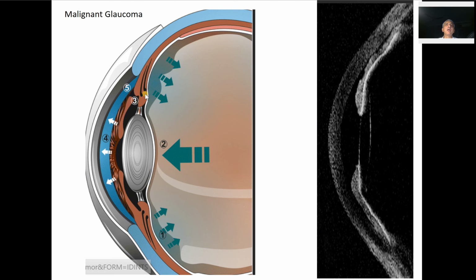So here you can see what actually happens in these patients. Normally the ciliary body would produce the aqueous which goes forward through the pupil and then drains into the angle. In these patients, this is misdirected backward.